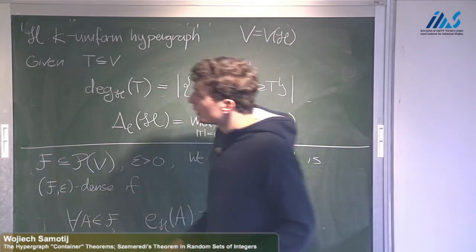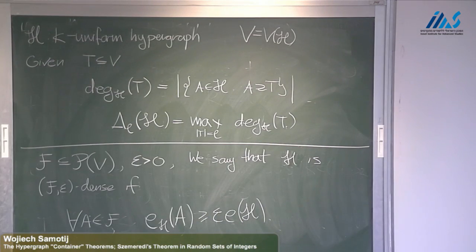Okay, now let me state the theorem. This is just the power set of V. So the theorem says that for every k and epsilon, there is a large constant C such that the following holds.